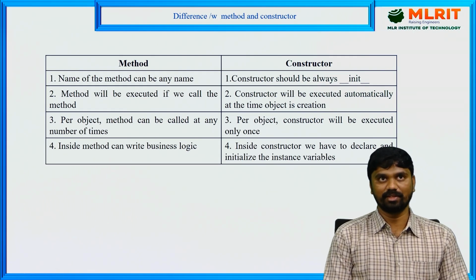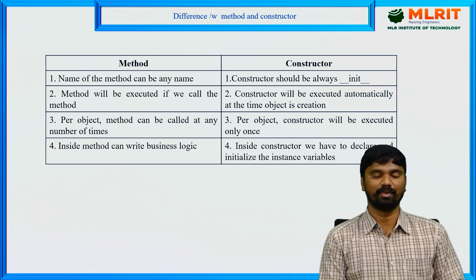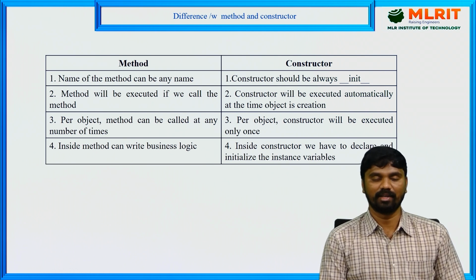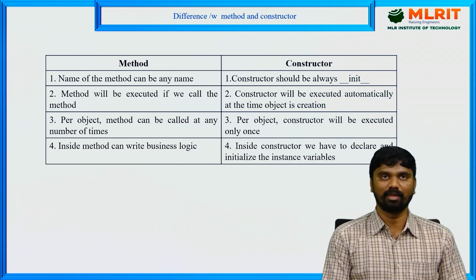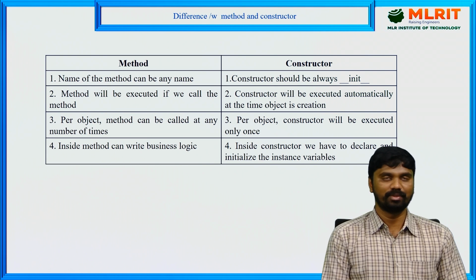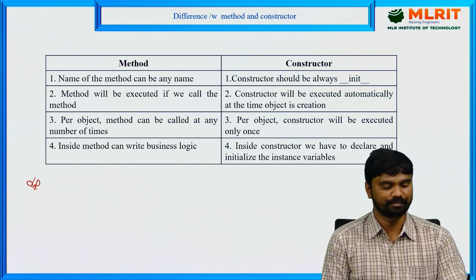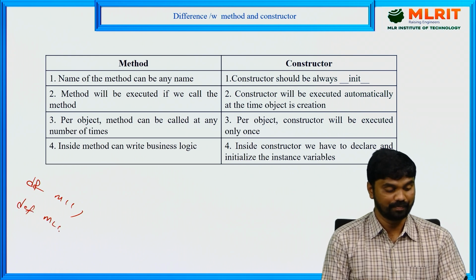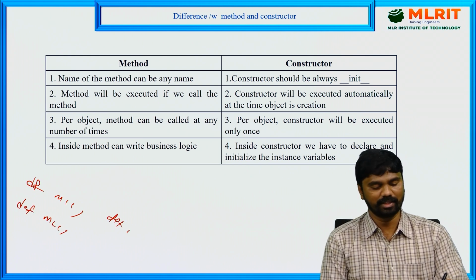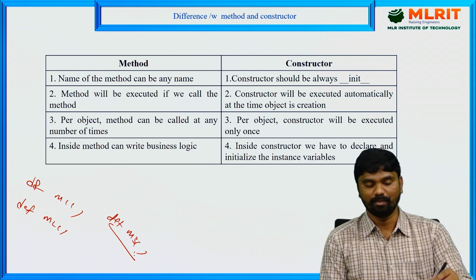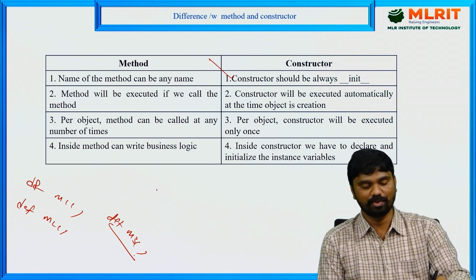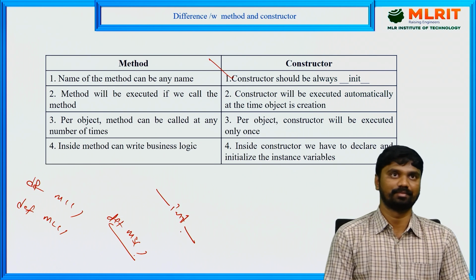Next, what is the difference between method and constructor? The name of the method can be any name. See, def m1, or def m2, or def m3, like that we can keep any name. But for the constructor, it should always be double underscore init double underscore.